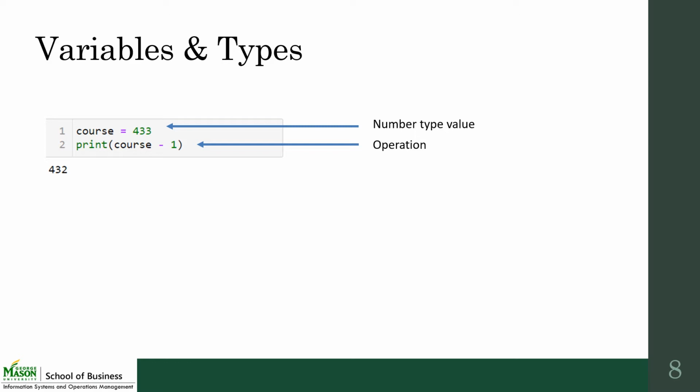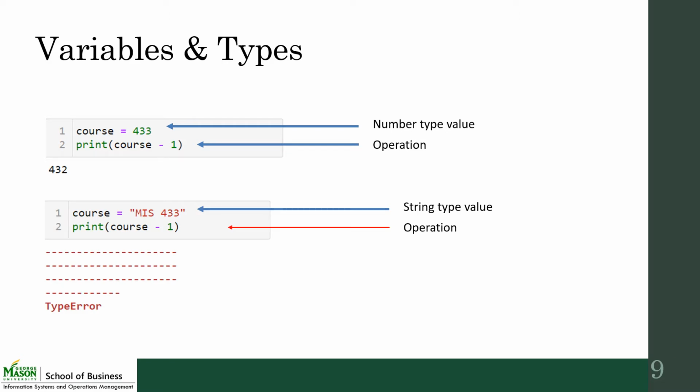Here in line 1, this is an example where we have a number type called an integer, which is capable of handling arithmetic operations. In line 2, it contains a print function. The variable course containing the value 433 is subtracted by 1, which is another integer value. The output results to the number 432 as shown here below the cell.